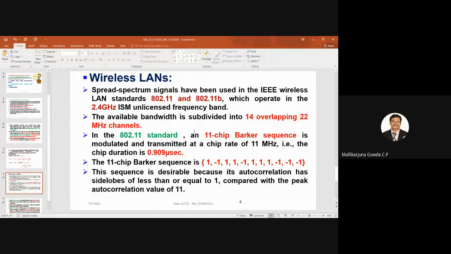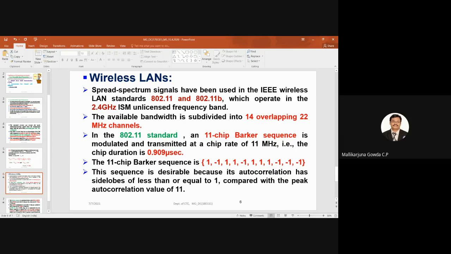So to continue with this application, what I can say is this spread spectrum signals are used in IEEE wireless local area network standards like 802.11 and 802.11b. Okay, so of course these standards, from IEEE 802.11a to almost I can say up to Z are there.